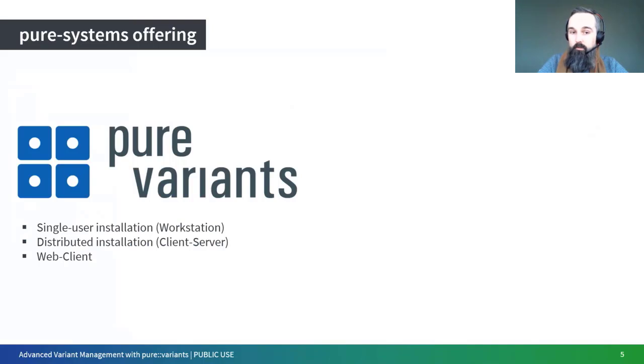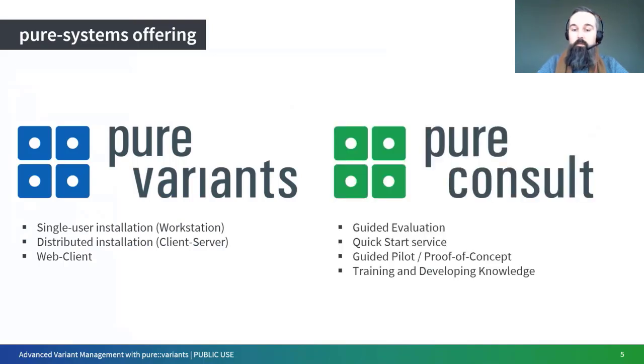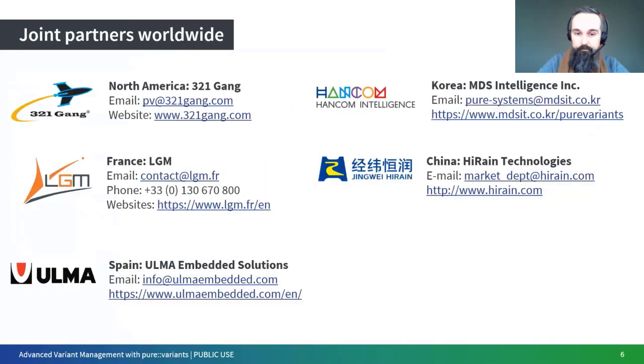Complementary to our tool, Pure Variants, we offer our 20 plus years of experience in helping customers to make the transition from their current way of working to product line engineering with Pure Variants under the brand of Pure Consult. But that's not all.